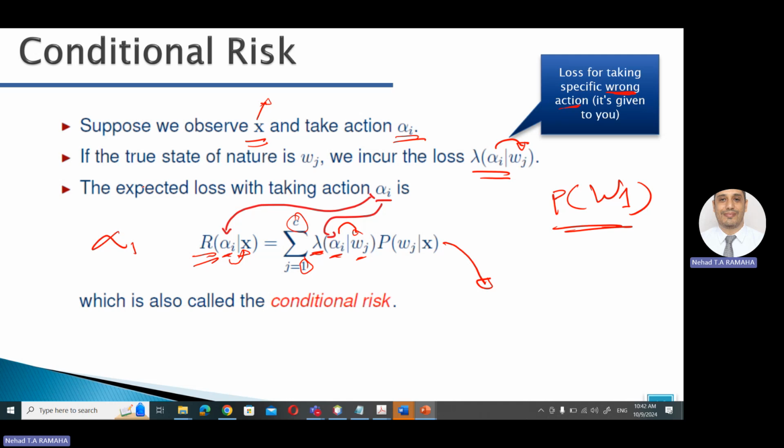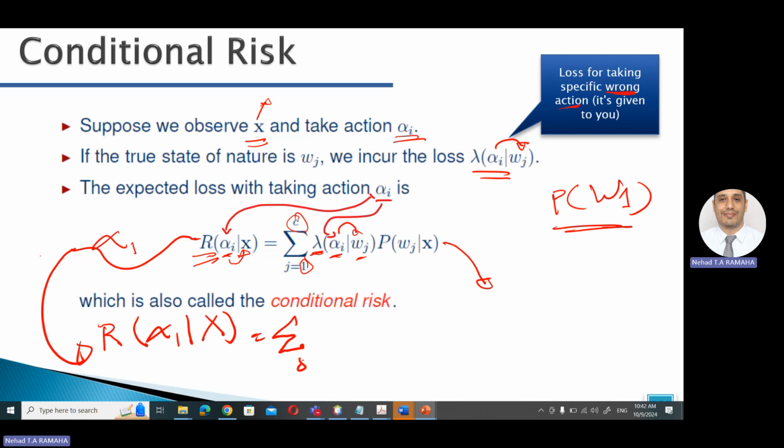It's like this, risk of alpha 1, I write this rule. So the risk of alpha 1 given some feature, this vector of features, equals the summation of, for example, if we have two classes, the summation of J equal 1 to 2. C here equals 2 because we have two classes.